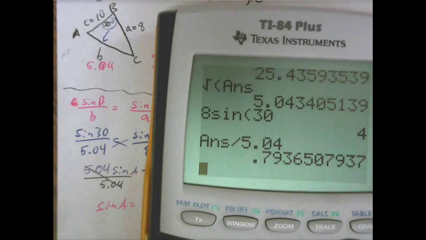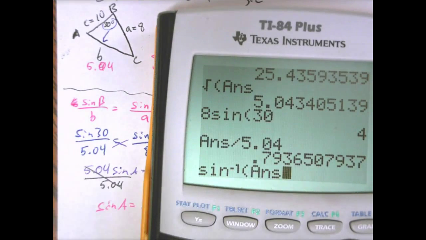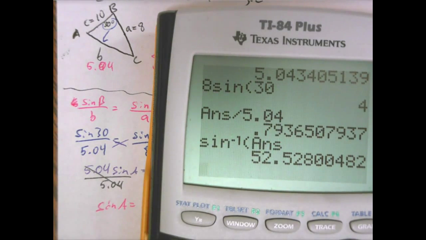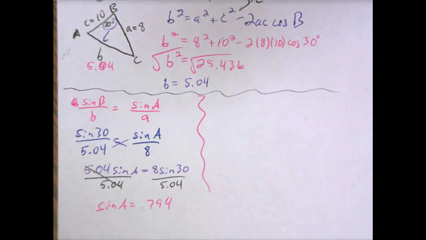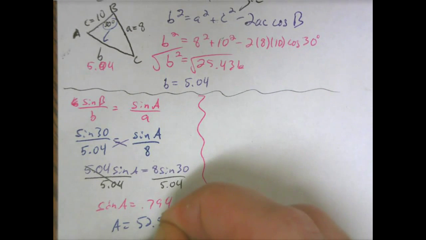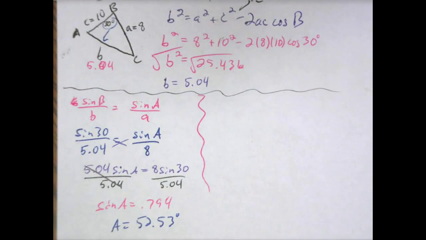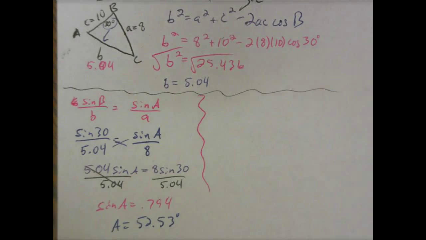So again, you can take your answer and get your solution from that. So sine inverse of your answer. Just make sure you're in degrees. Hit enter, so 52.53 is your angle. So A is 52.53 degrees.